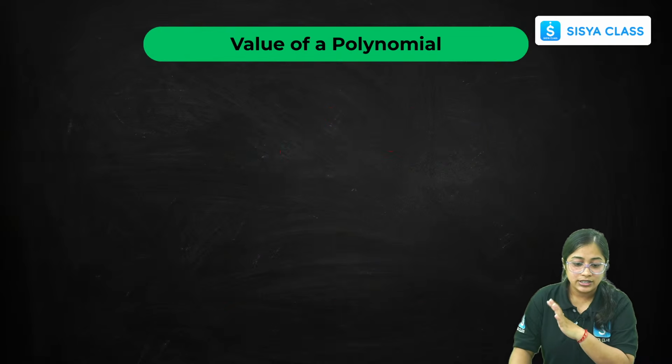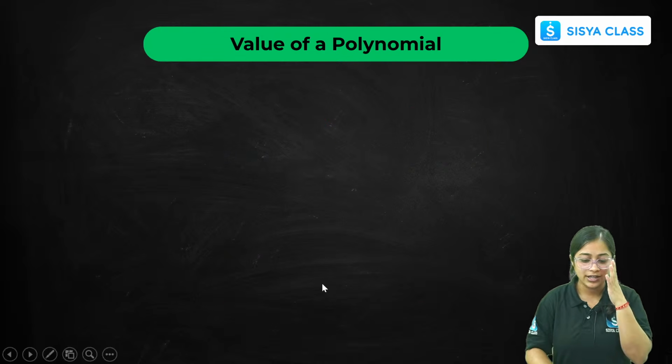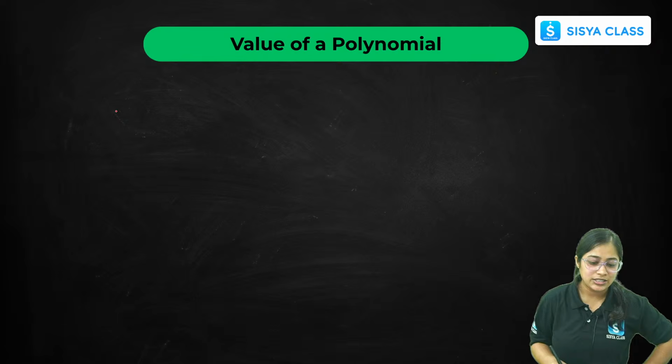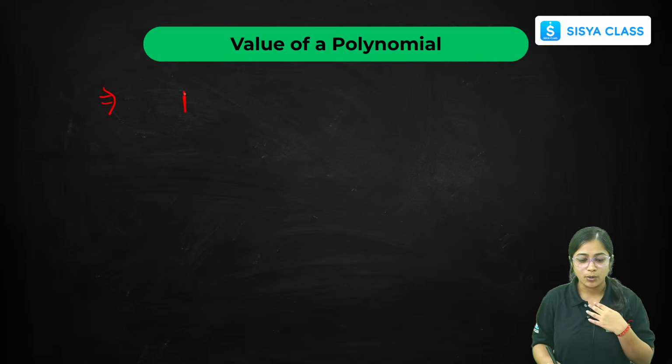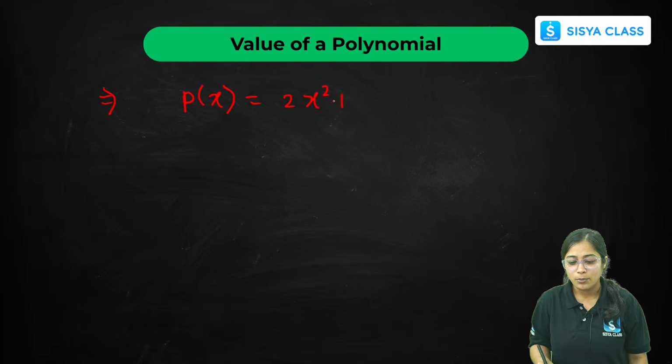Now, we will see what the value of a polynomial is, right? For example, let's suppose you have a polynomial p(x) equal to 2x square plus 4, okay?